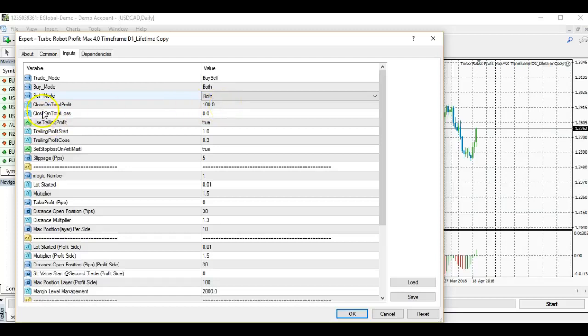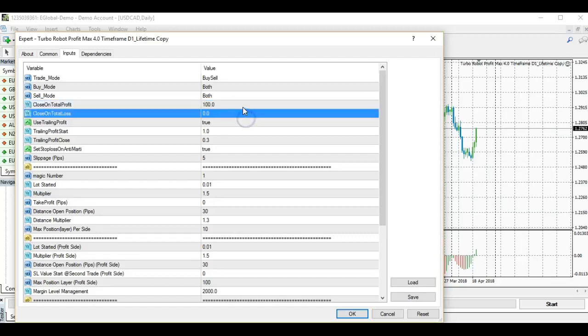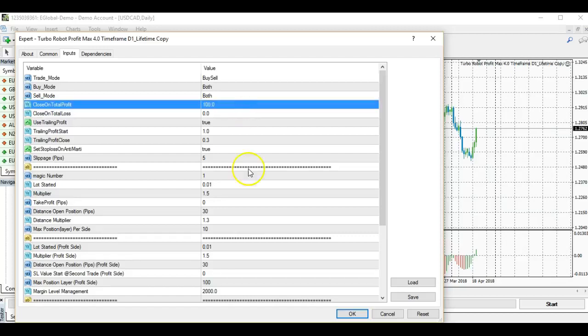Next is close on total profit. This is like saying I want to close everything if I have a profit of 100 US dollars based on my calculation here. Later we will explain it to you. This is another portion of TP, but it is the overall TP for the whole series of trades.